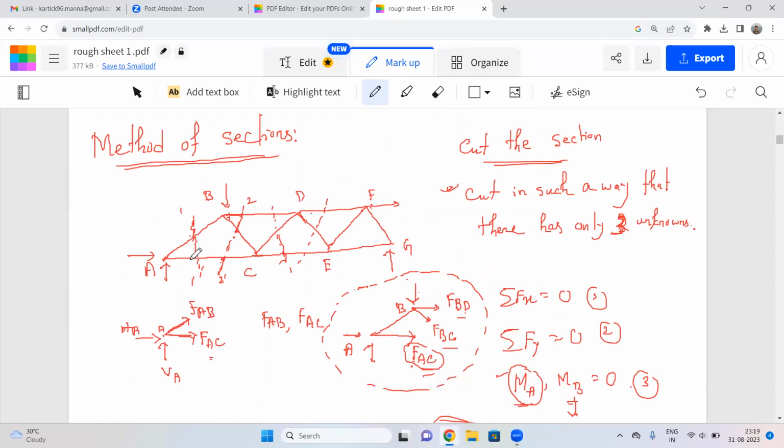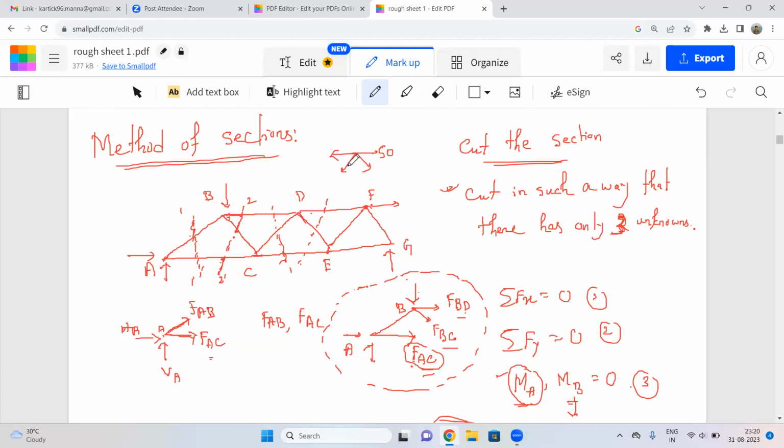Like for method of joints, if you want to find out these three values, you need to take point E and point F. If you choose point F, this DF is there, EF is there, EG is there, and here one 50 kilonewton force is there, right?